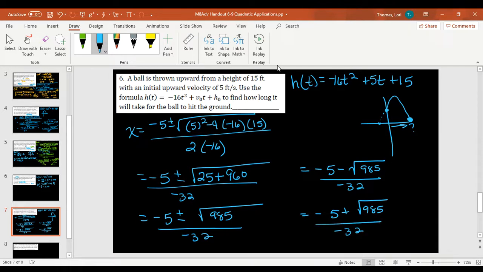Starting with the subtraction, negative 5 minus the square root of 985, divided by negative 32, I toggle this and get about 1.137. So let's round to the tenth and say 1.1 seconds. So it takes 1.1 seconds for the ball to hit the ground. So this is 1.1.